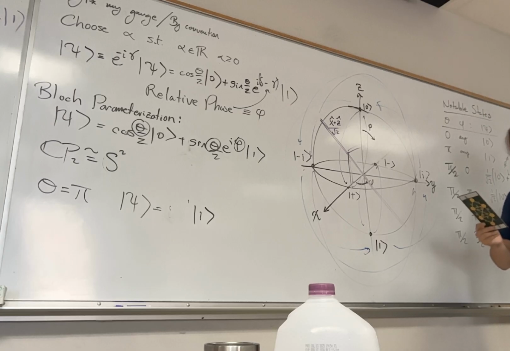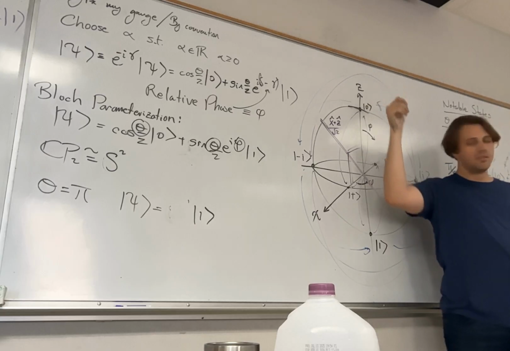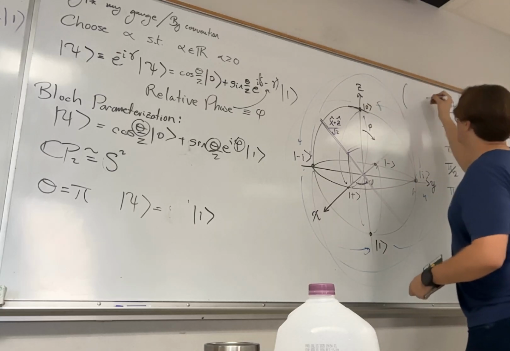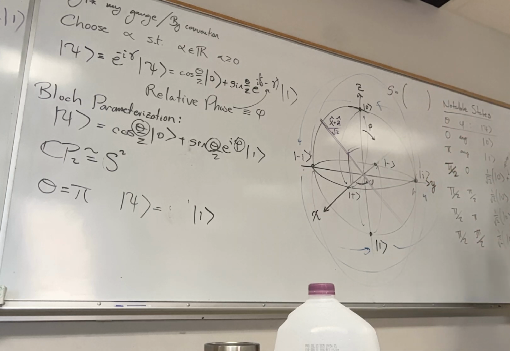Two more that I'll throw out there. Oh, actually, we have the Hadamard, which we've covered. And the last one that's on here that you're not familiar with is the so-called S gate. S is a 90 degree rotation around the z-axis. And here's a challenging question. What do you think the matrix for S must be? It's the thing that if you do it twice, you get the z.